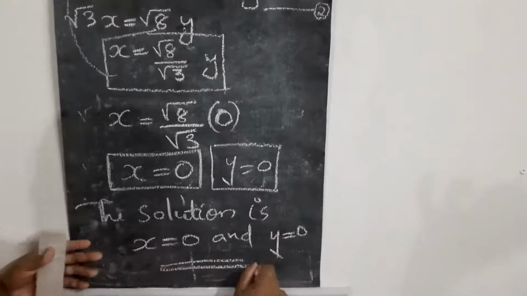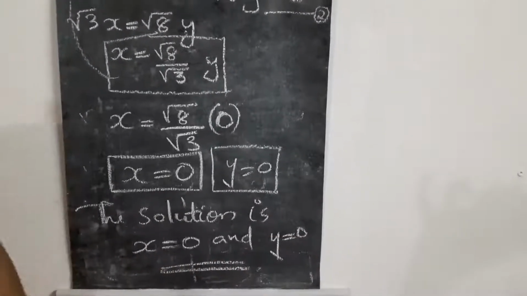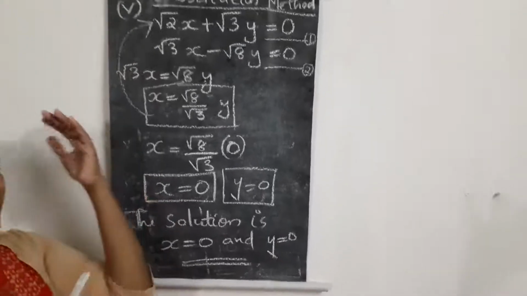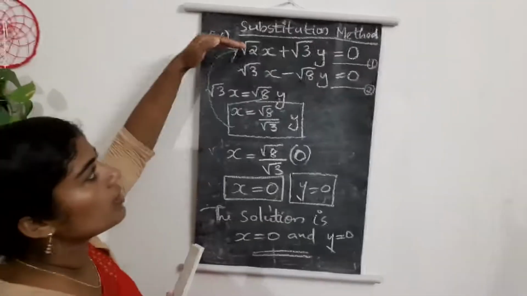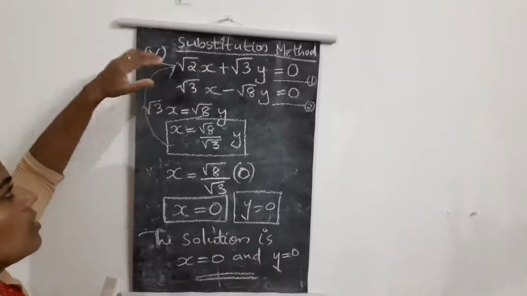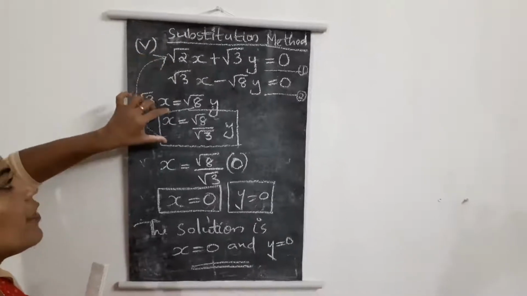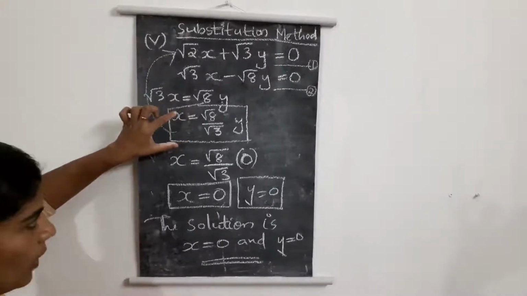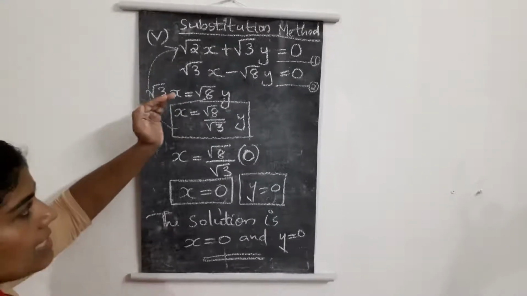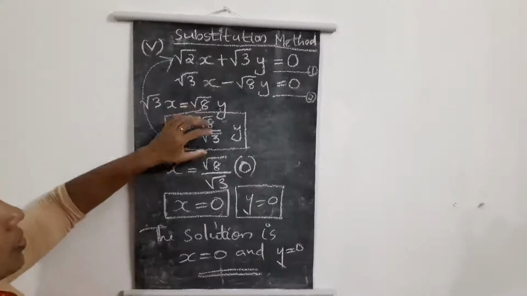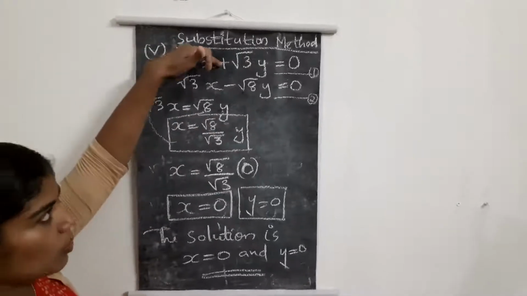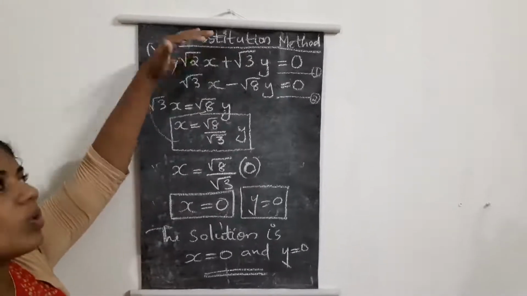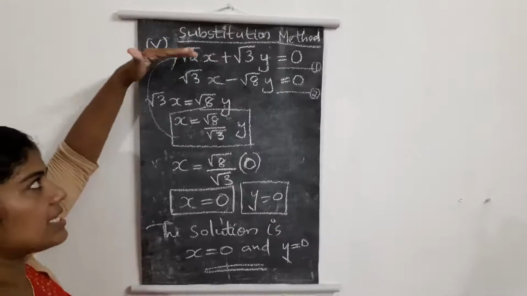That is the solution. As I said at the beginning, from the linear equations, take the second one and we brought what x is. x equal to root 8 by root 3y, and from this x we substituted that in equation 1. Then we found y, which we got as 0.